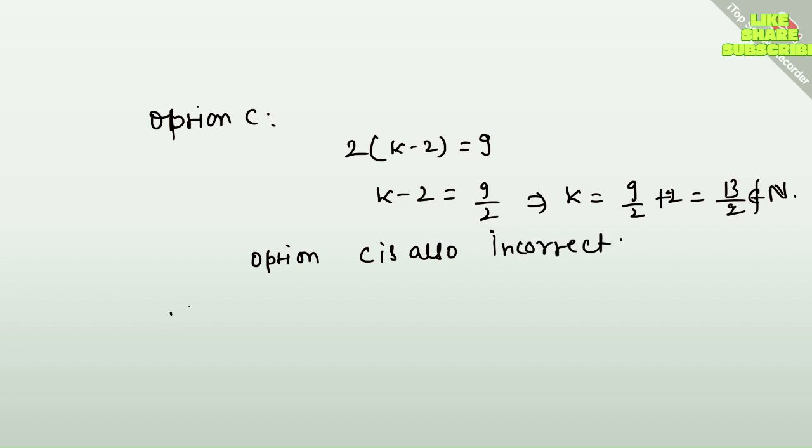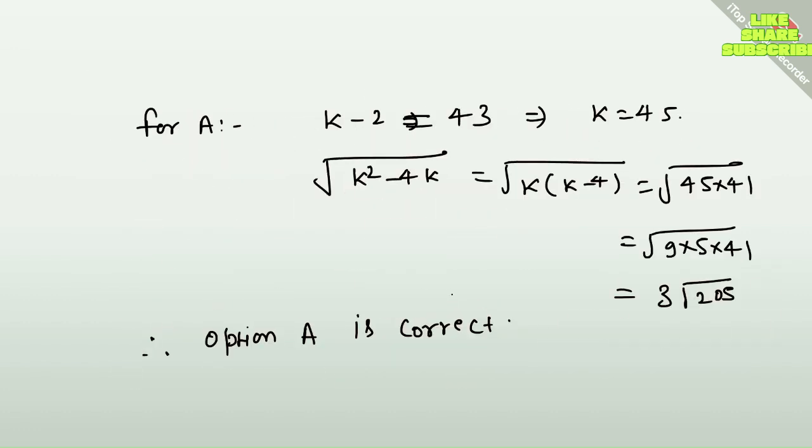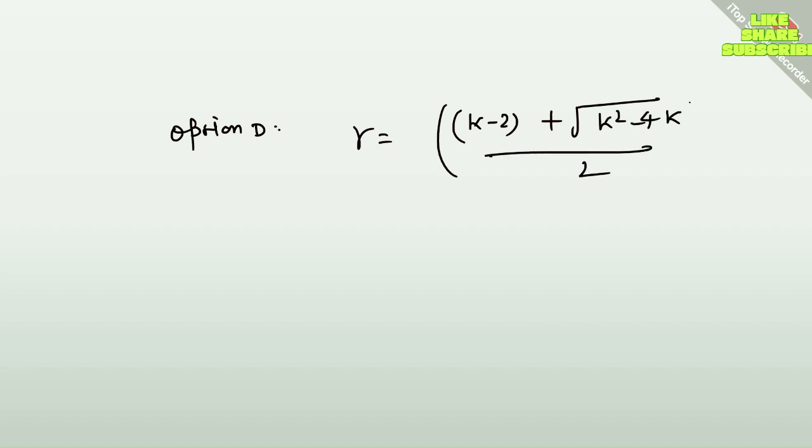Now for option D, we are going to check here. In option D, the denominator given is 6. So we make the value of R so that the denominator becomes 6. R is equal to (k minus 2 plus under root k square minus 4k) over 2, raised to power 1 over 4. If we multiply 3 in numerator and 3 in denominator, then the denominator becomes 6.